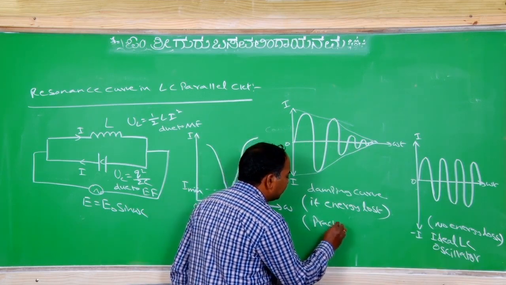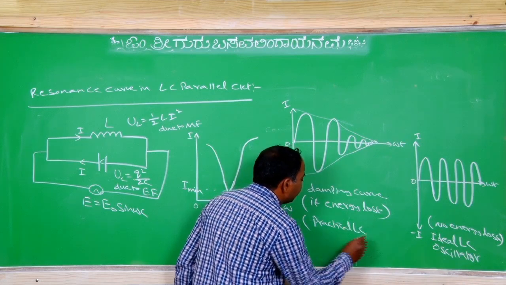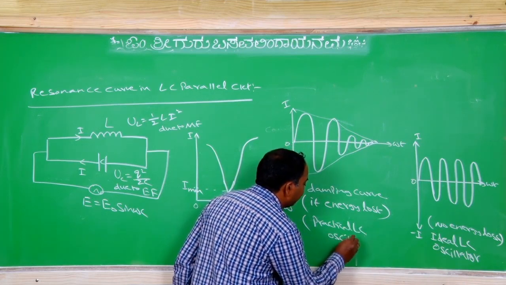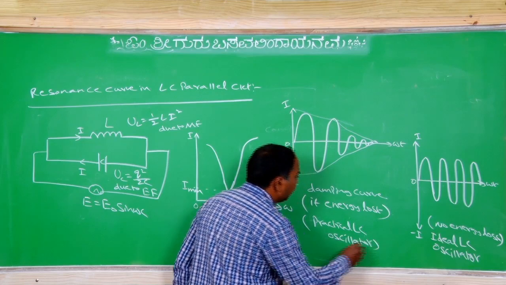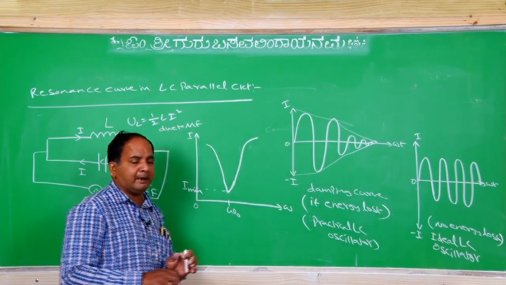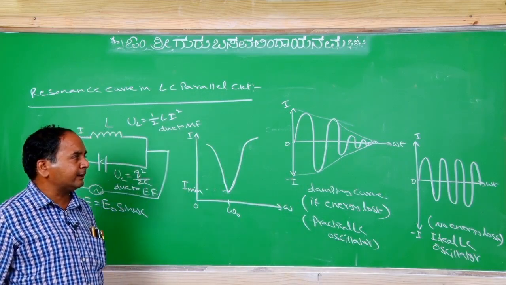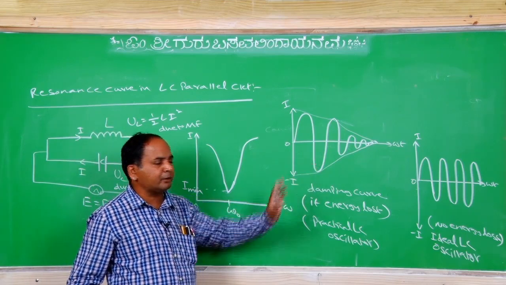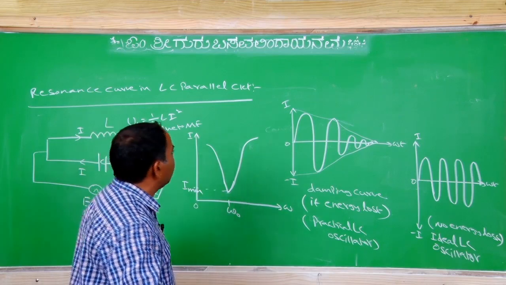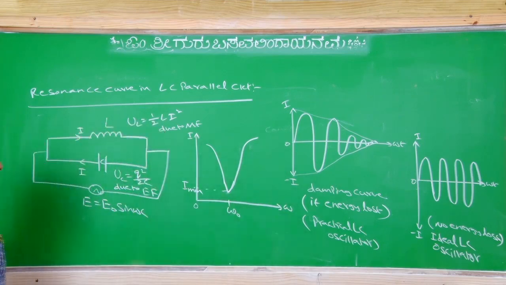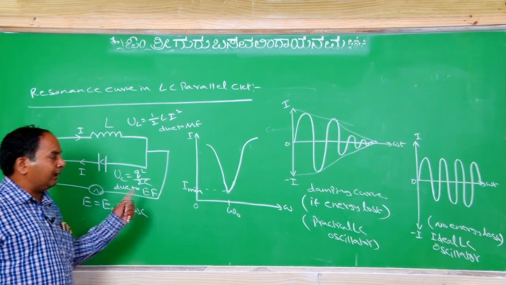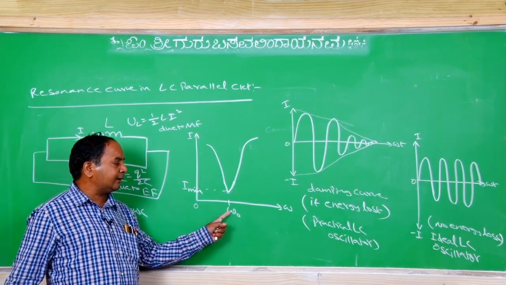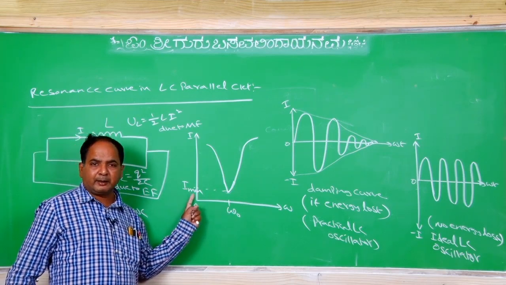This is a practical LC oscillator. If you see an LC oscillator outside, it does not have the frequency and current amplitude in the same manner; the amplitude gradually decreases and finally becomes 0. These curves also we should remember. In the case of LCR series circuit, at resonant frequency, current will become maximum, but in LC oscillations, at resonant frequency, current will become minimum.